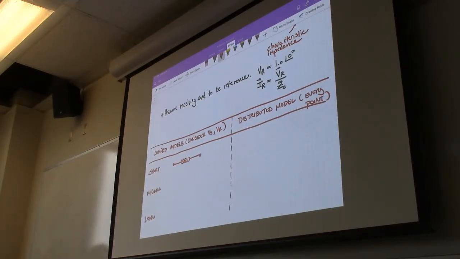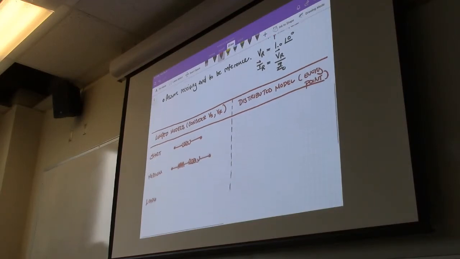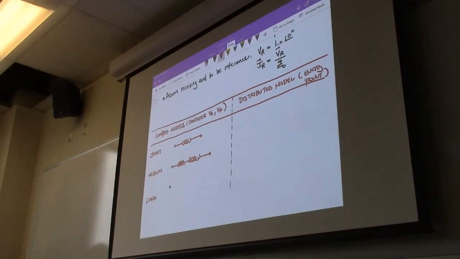For the medium, we'll consider the resistance and the reactance. And for the long, we'll consider the resistance, the reactance, and also the shunt capacitance to ground.